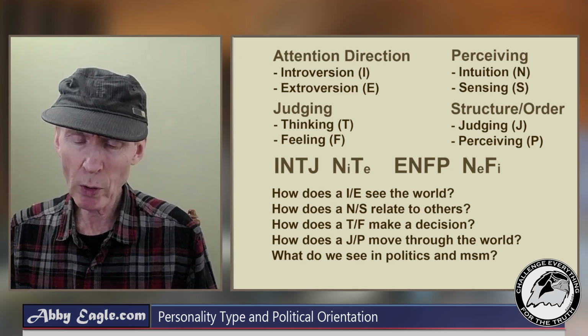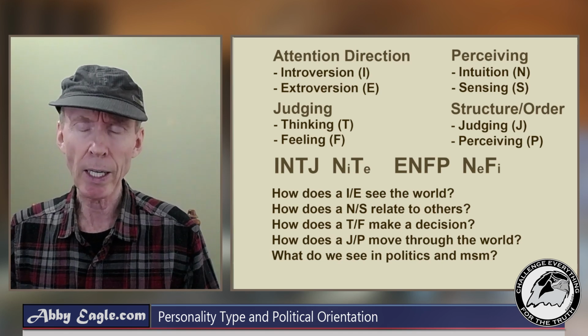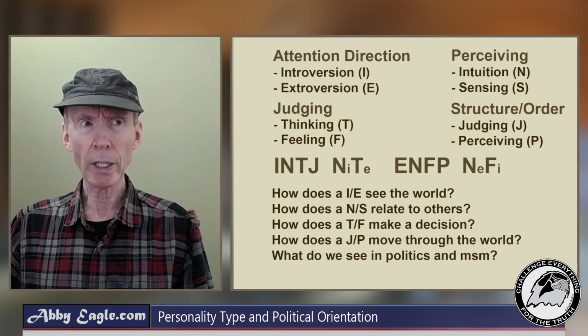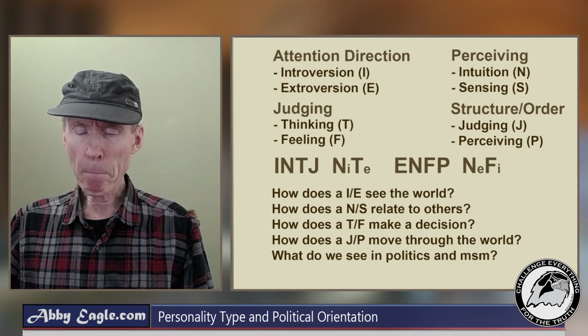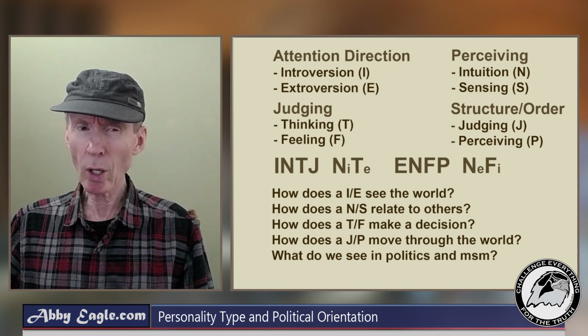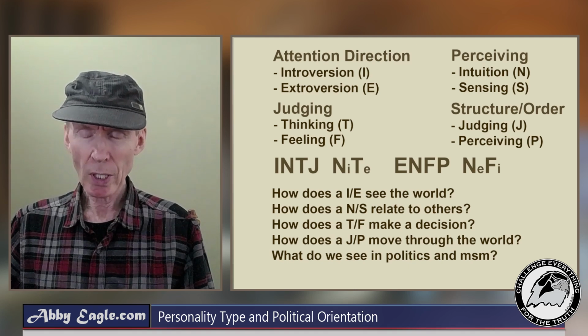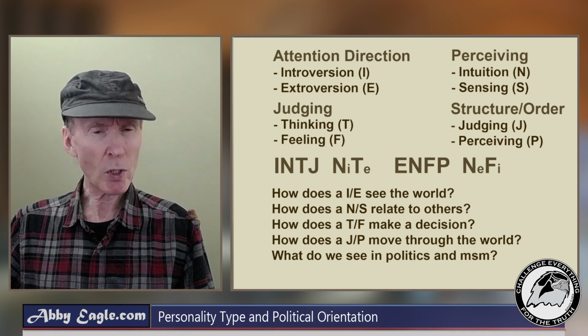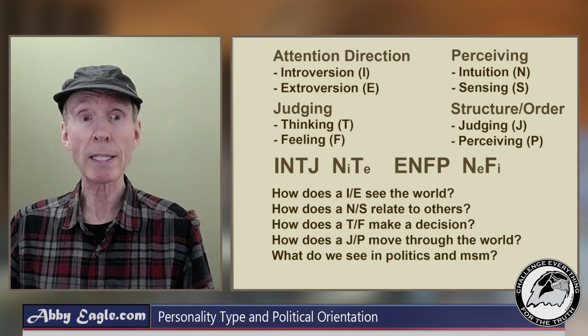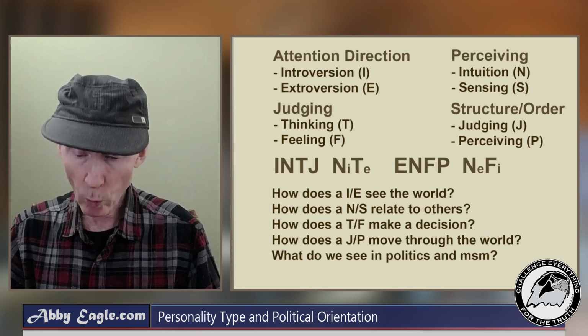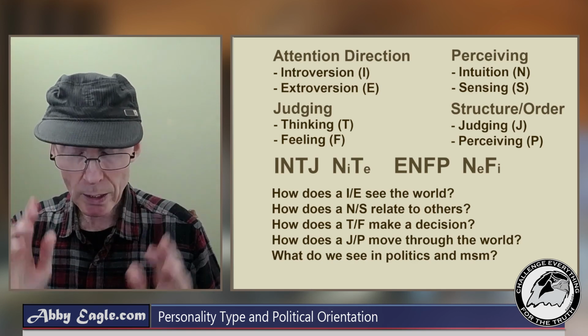But there are intuitors, maybe the NFs, the intuitive feeling types, who for some reason do not want the truth. They will do everything to deny the truth. And if somebody tells the truth, they will call them a conspiracy theorist or something like this. It's really weird.